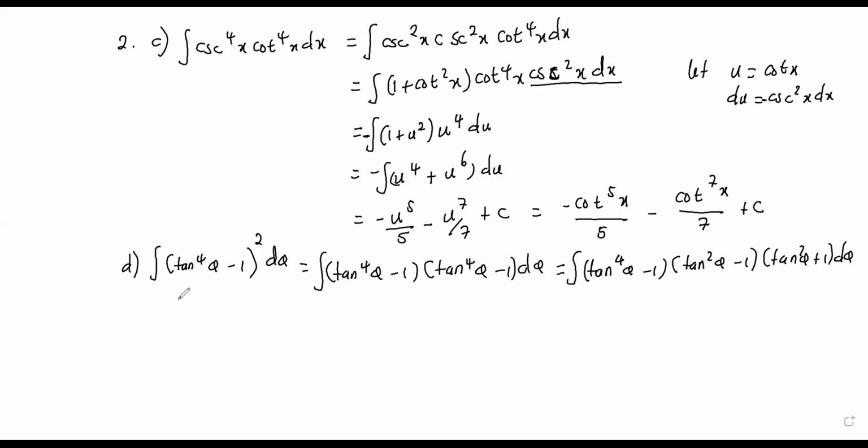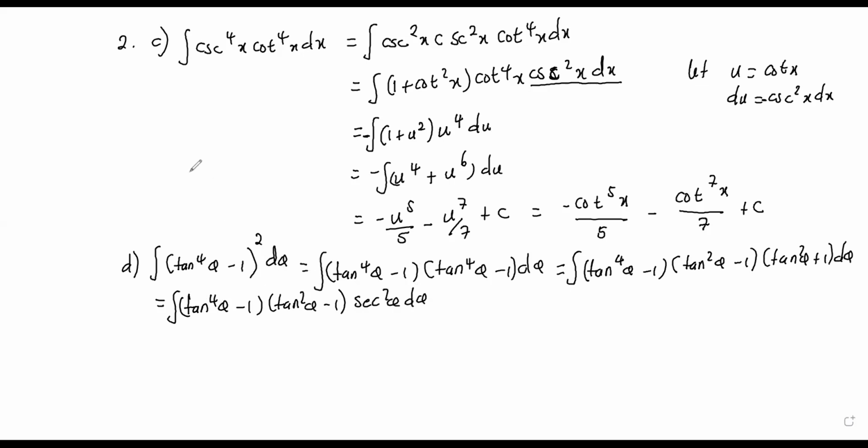But what is tan squared theta plus 1? So we have tan 4 theta minus 1, and then we have tan squared theta minus 1. Then tan squared theta plus 1 is sec squared theta.